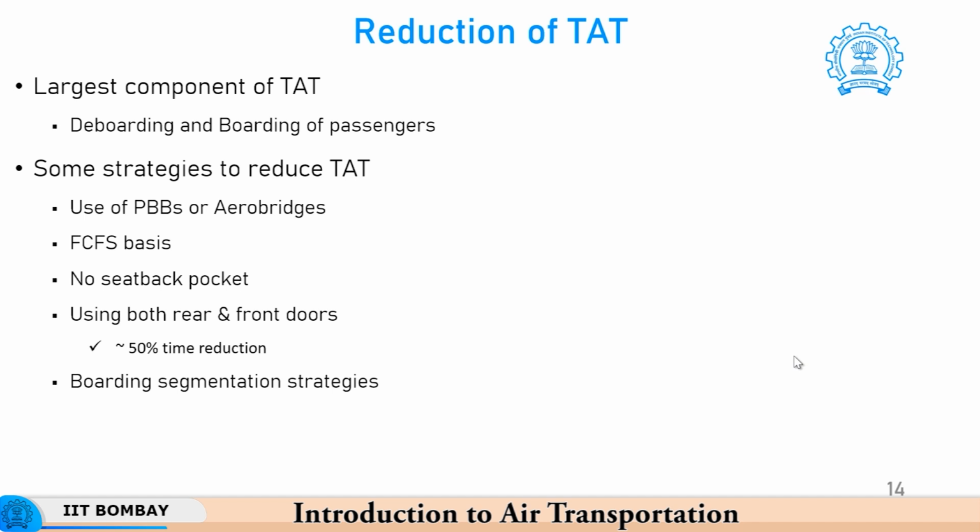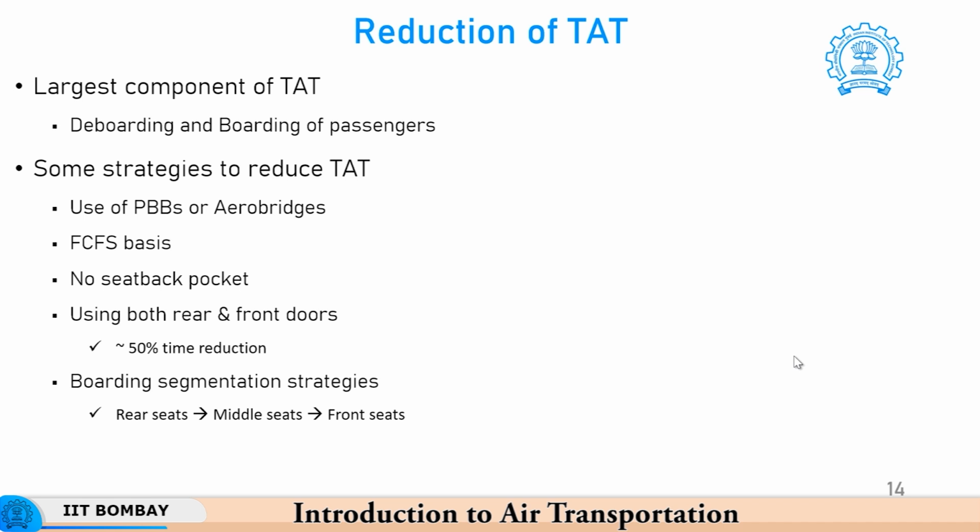Then you can also have boarding segmentation strategies. Okay. For example, you can say that first we will fill the rear seats, then we will fill the middle seats, and then we will fill the front seats. Except that in the front you also have the executive class and the first class. So, they normally have their own aero bridge. Okay.